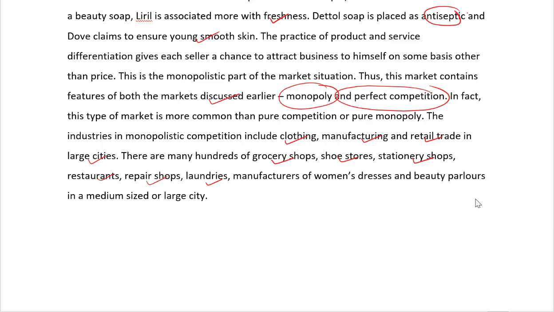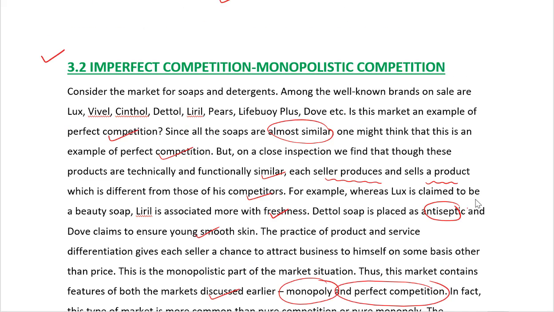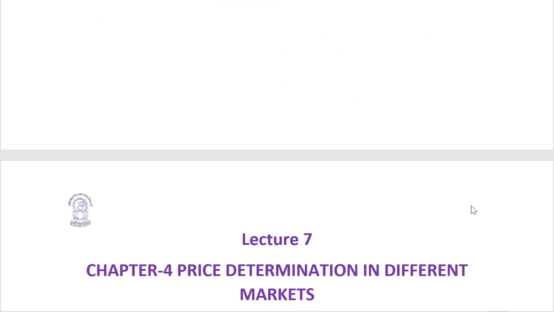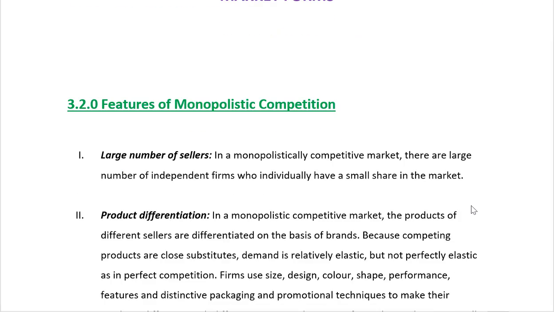In the last class, we had begun with imperfect competition, that is the monopolistic competition. We had seen the meaning and aspects of monopolistic competition, and today we are starting with the features of monopolistic competition.